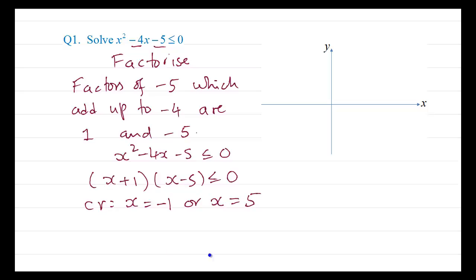Now we can sketch a graph. So minus 1 is here, then 5 is there. Because the coefficient of x squared is positive, the shape is happy face or U shape. So you can sketch a graph.